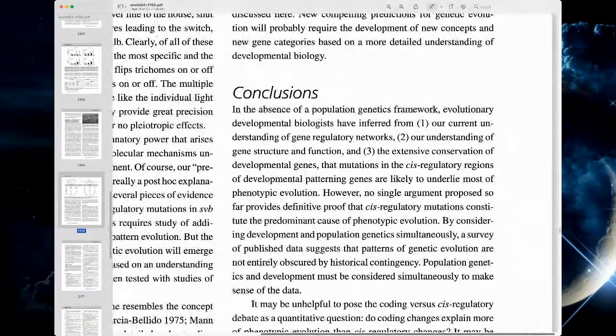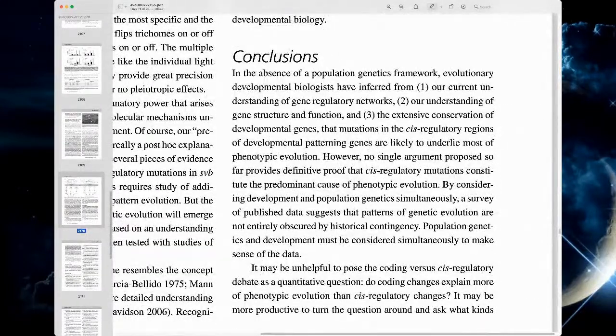In the absence of a population genetics framework, evolutionary developmental biologists have inferred from 1, our current understanding of gene regulatory networks, 2, our understanding of gene structure and function, and 3, the extensive conservation of developmental genes, that mutations in the cis-regulatory regions of developmental patterning genes are likely to underlie most of phenotypic evolution.